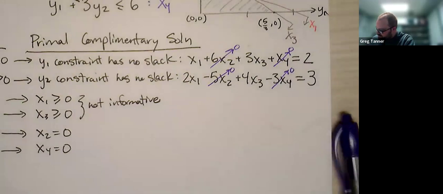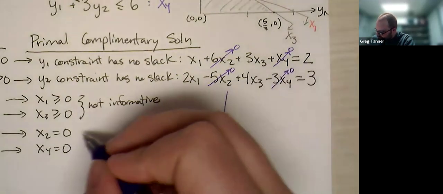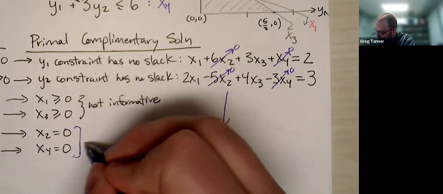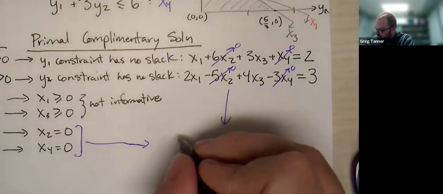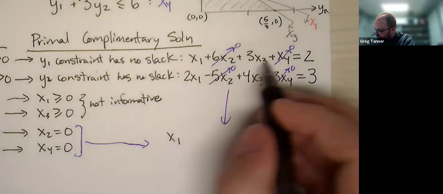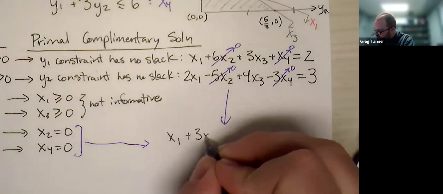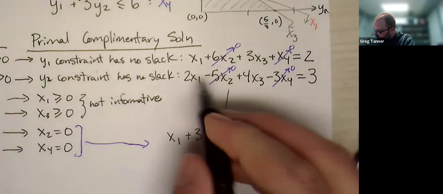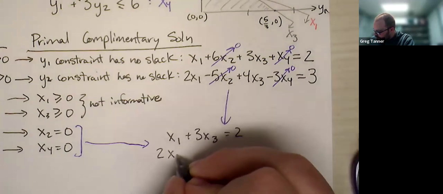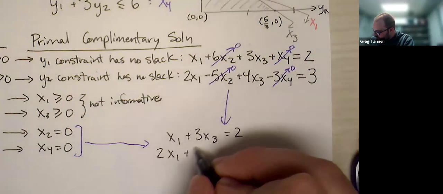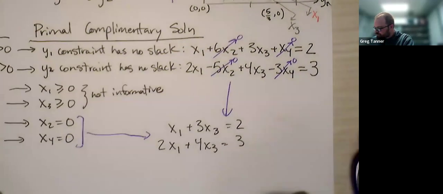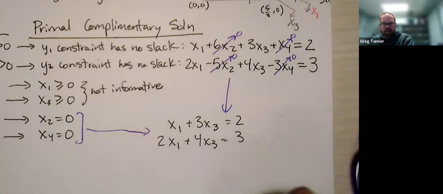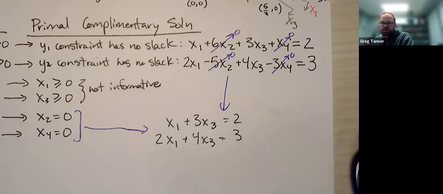Which if I bring all this down, bring this over, I'm left with then x1 plus 3x3 equals 2, and 2x1 plus 4x3 equals 3. Okay, now it's down to two equations, two unknowns.